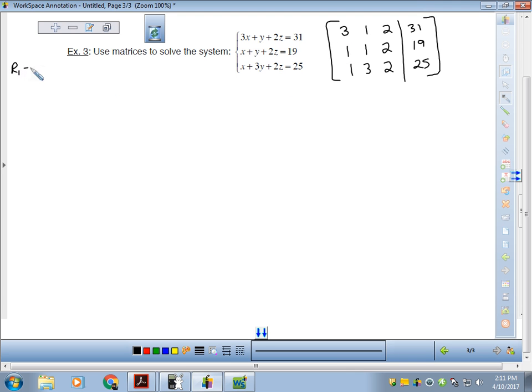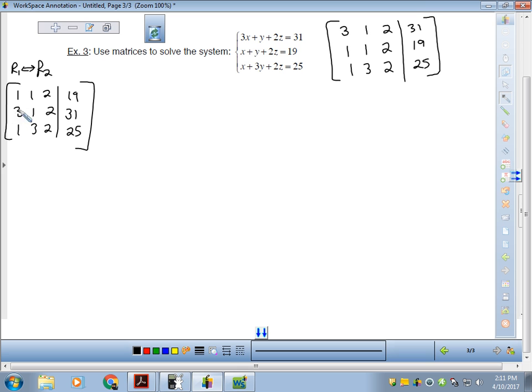So if I take row 1 and I switch it with row 2, then what I now have is 1, 1, 2, 19, 3, 1, 2, 31, 1, 3, 2, and 25. So I have the 1 up here on the upper left, which is good.